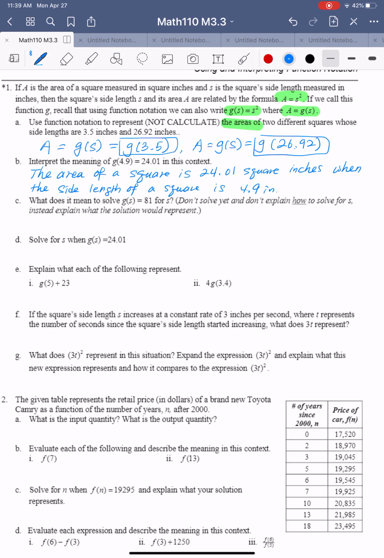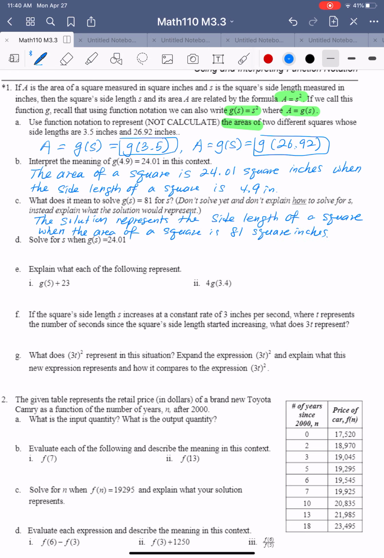So the solution represents the side length of a square when the area of the square is 81 square inches.